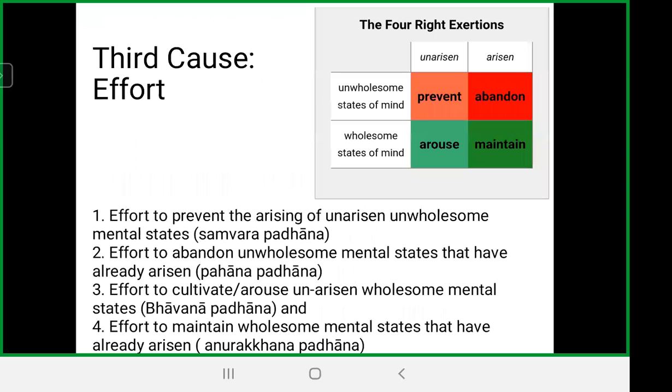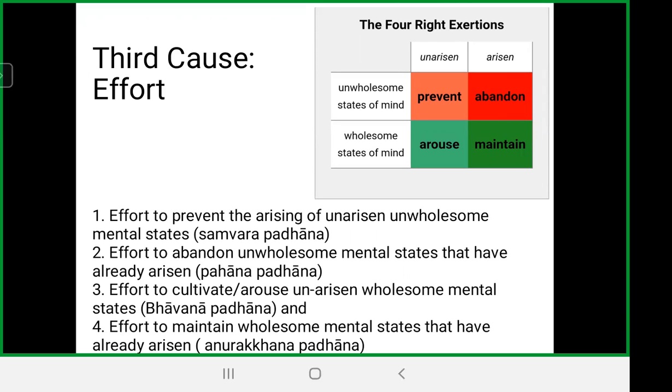All right, so effort, right? So there will be first one, effort to prevent the arising of unarisen unwholesome mental states. In Pali called samvara padhana. Second one, effort to abandon unwholesome mental states that have already arisen. Pahana padhana.